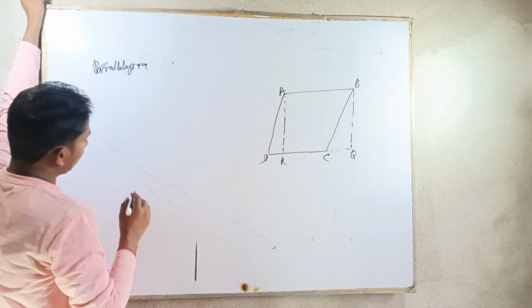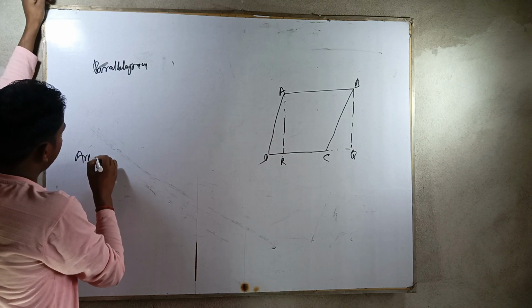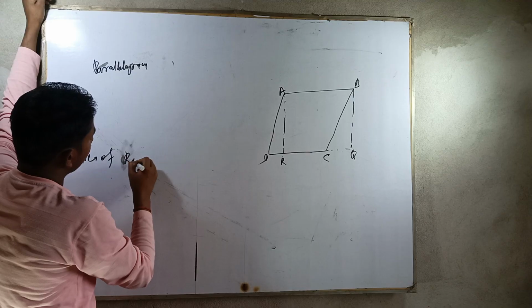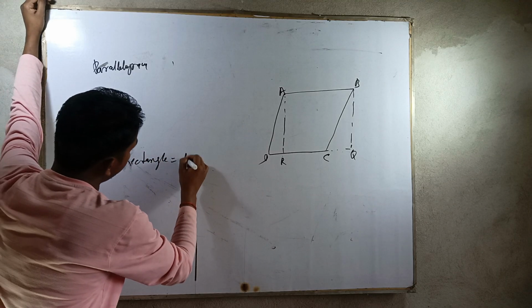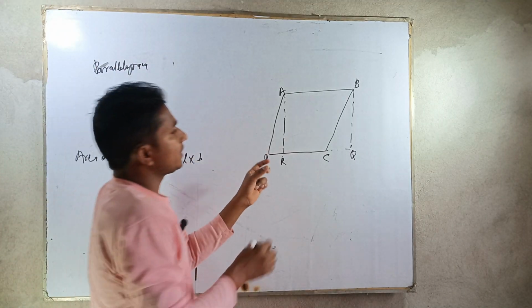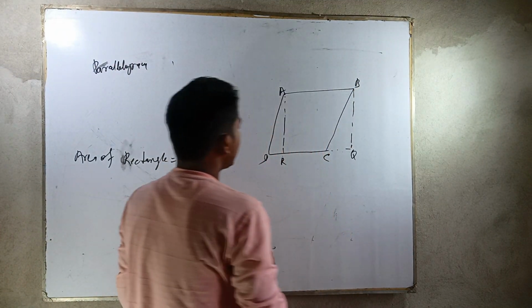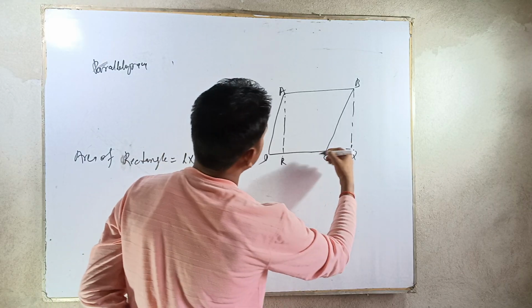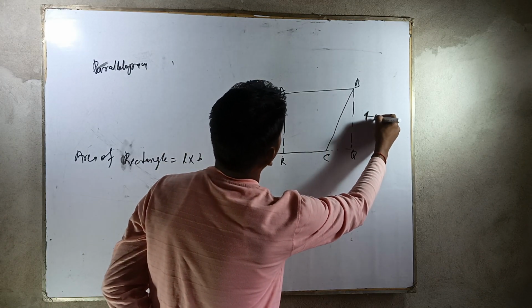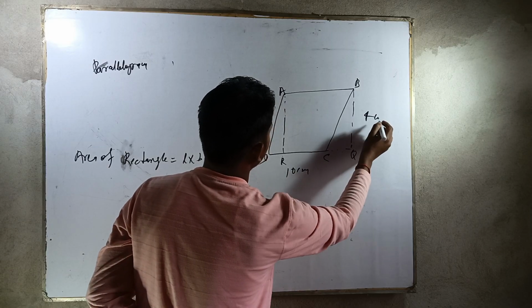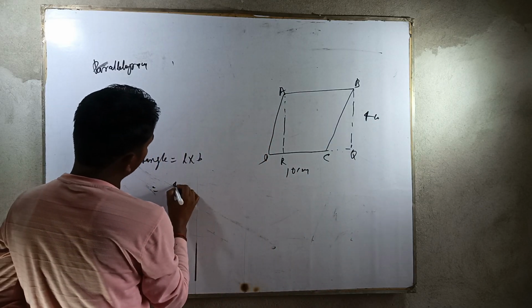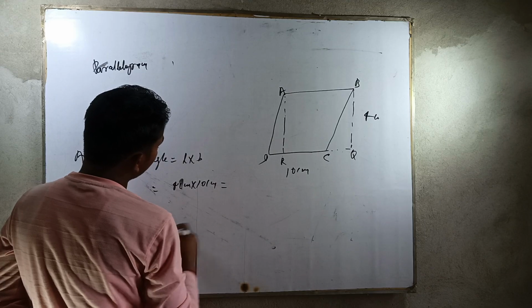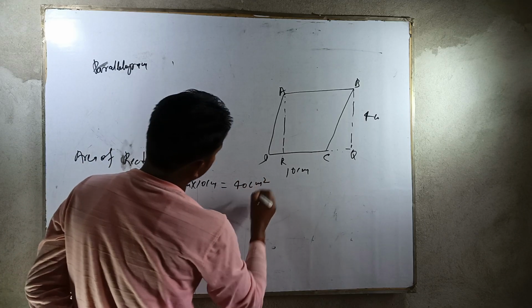I know the area of a rectangle equals L into B. I know this one is in the form of a rectangle. If BQ is given as 4 centimeter and this one is 10 centimeter, then I multiply 4 centimeter and 10 centimeter, and its value is 40 centimeter square.